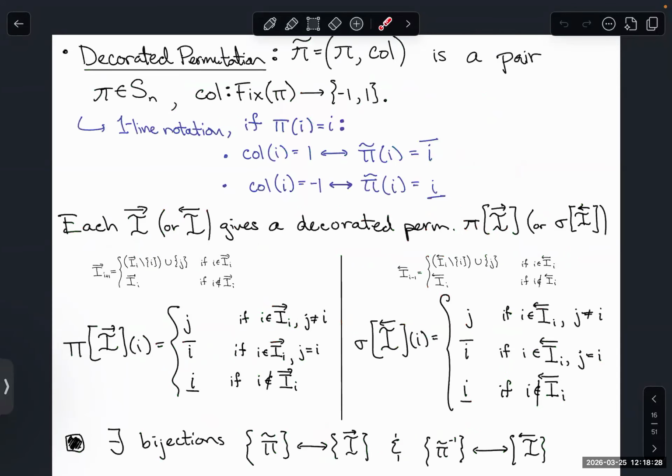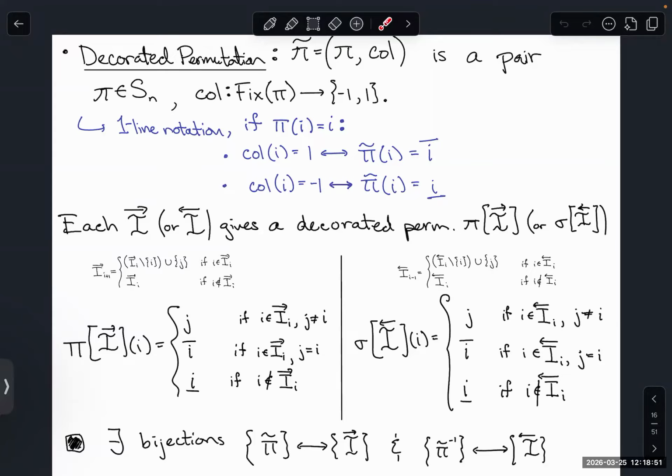Okay. So the next object that we wanted to biject with Grassmann necklaces were these decorated permutations. I'll call this pi tilde, and it's a pair of a permutation from S_n along with a coloring function on its fixed points.